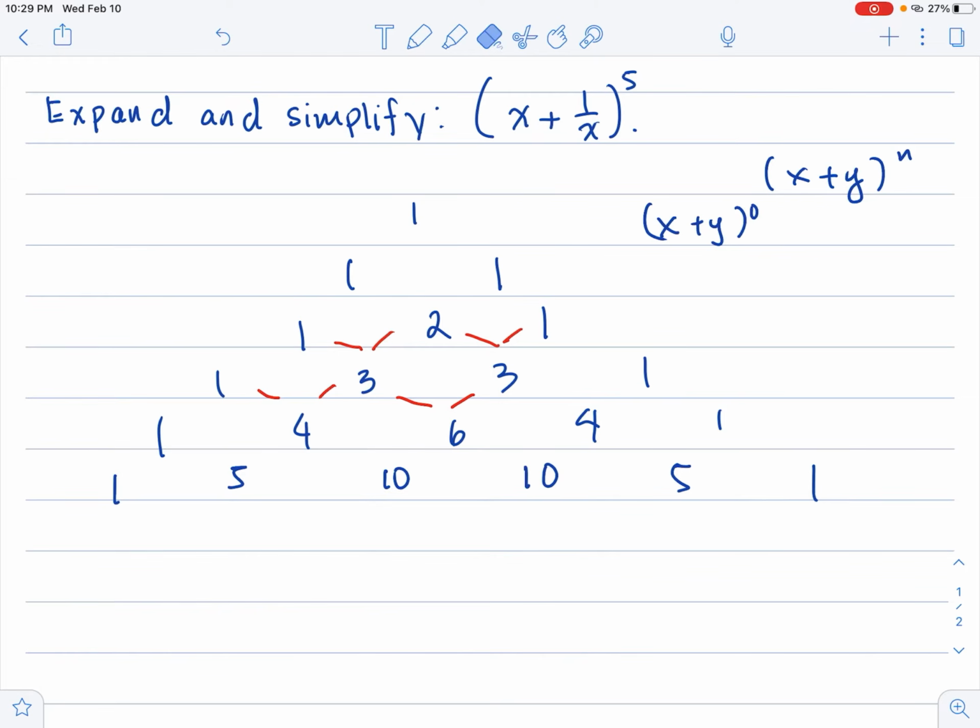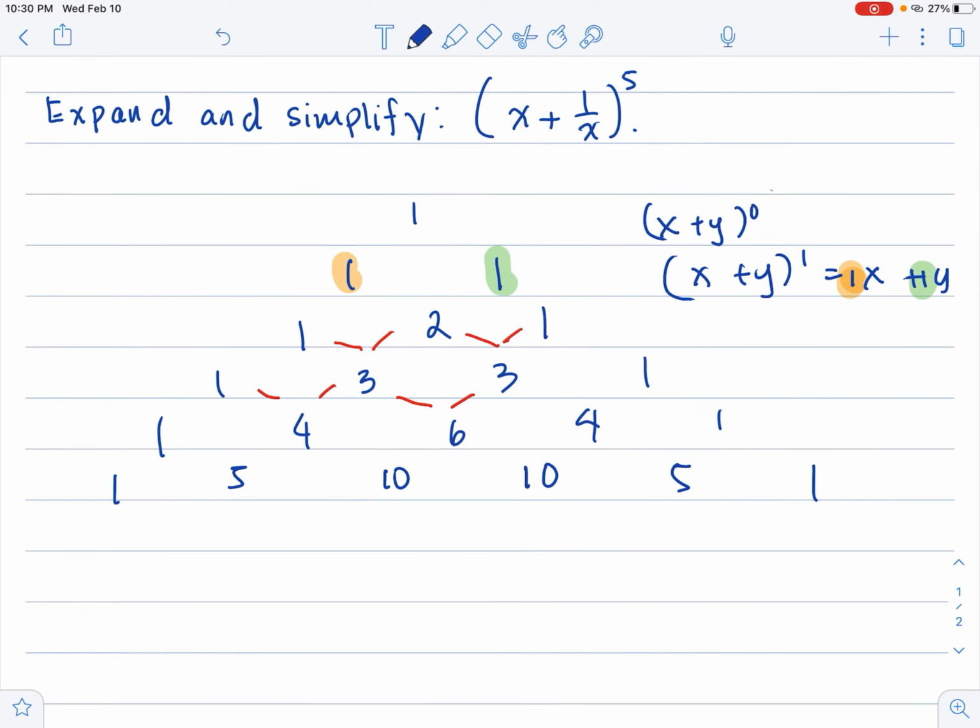So that's just 1. Any expression raised to 0 is 1. And then this one is x plus y to the first power, which is equal to x plus y. So, yung coefficient niyan, 1 tsaka 1, di ba?